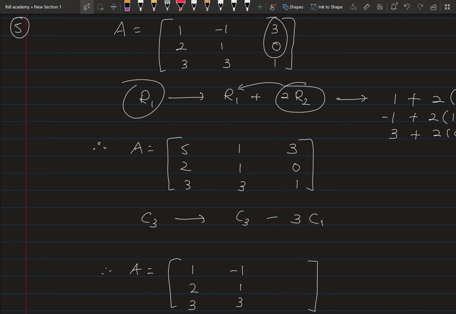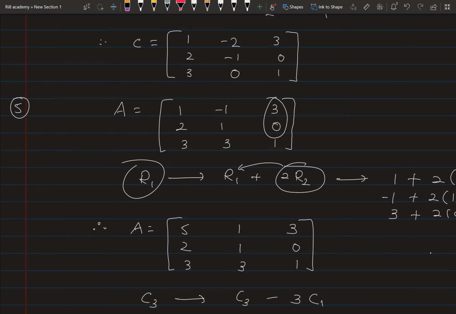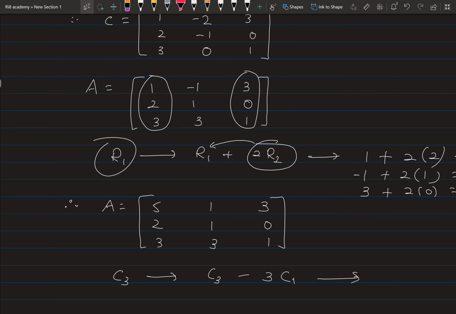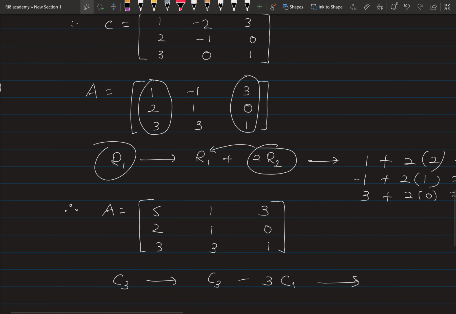C3 is over here. See, this is the whole column called C3. This is C1. So we write the corresponding elements of C1 and C2. In C3 the first element is 3, so I will circle it like this.